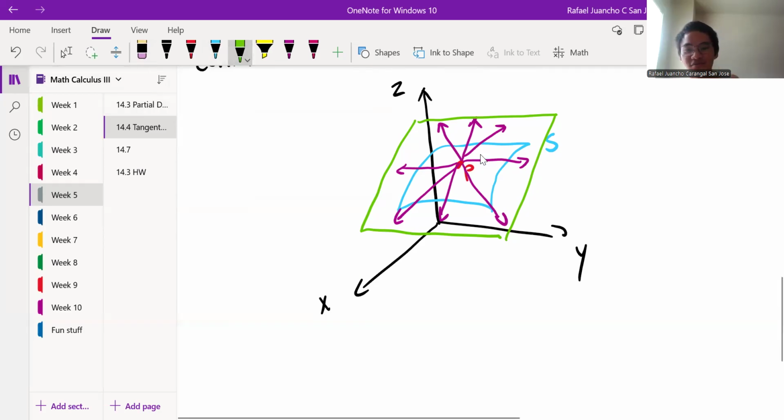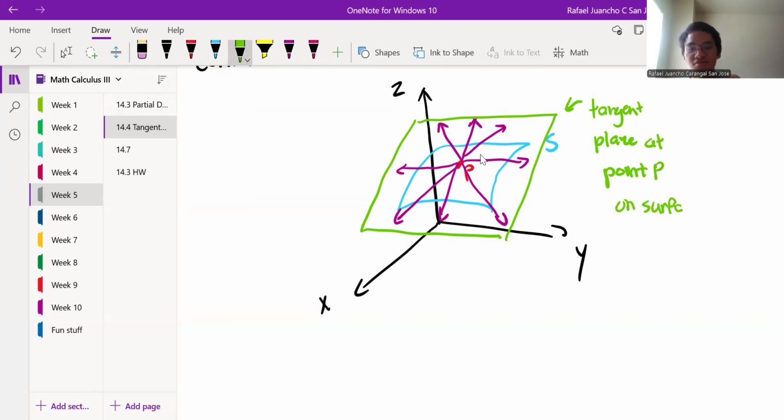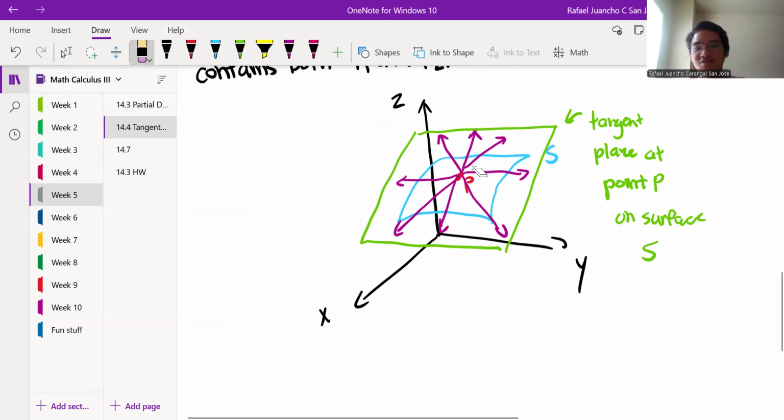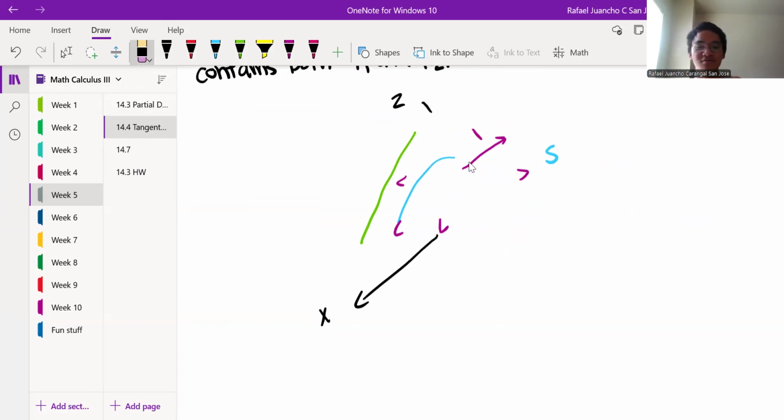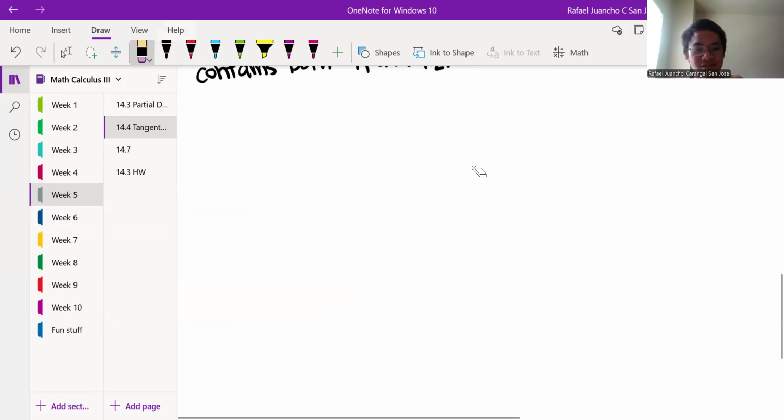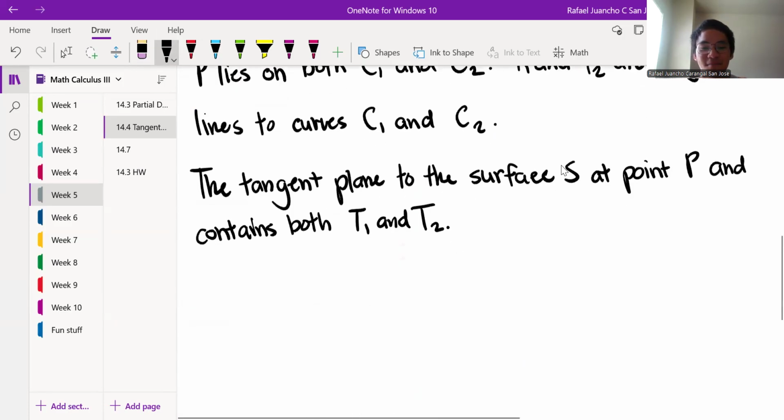And so here's what we're looking for: this tangent plane at point P on surface S. That's the idea, right? And the idea is if we take a lot or an infinite amount of tangent lines at a particular point, then why not just make a tangent plane out of it that contains all of those tangent lines, right?